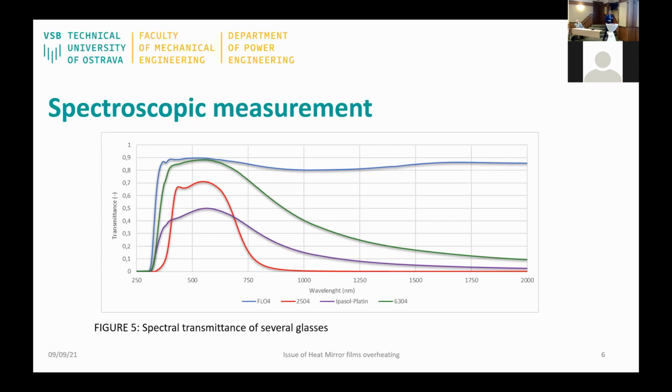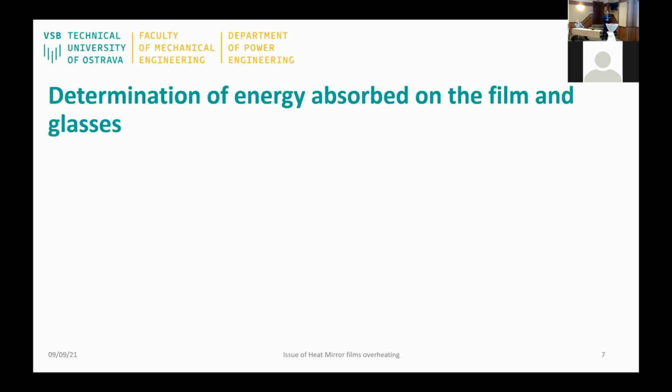It is a coated glass with anti-solar protection, and it has high transmittance only in the visible range. And it is important to say that ultraviolet radiation is totally reflected or absorbed, and it is important for my next calculation.